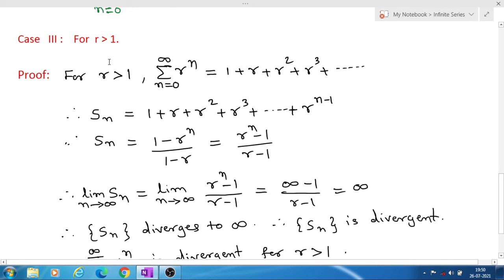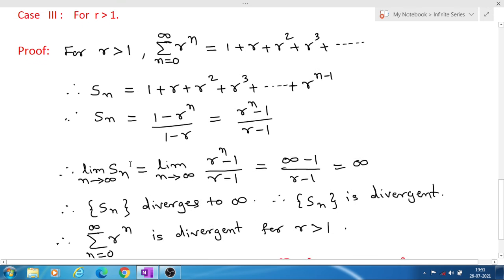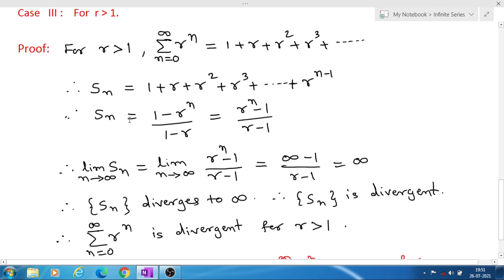Now let us see the third case, when r is greater than 1. So when r is greater than 1, our series becomes 1 plus r plus r square plus r cube plus dash dash. For that, Sn is equal to 1 plus r plus r square plus dash dash, and the last term will be r raised to n minus 1.